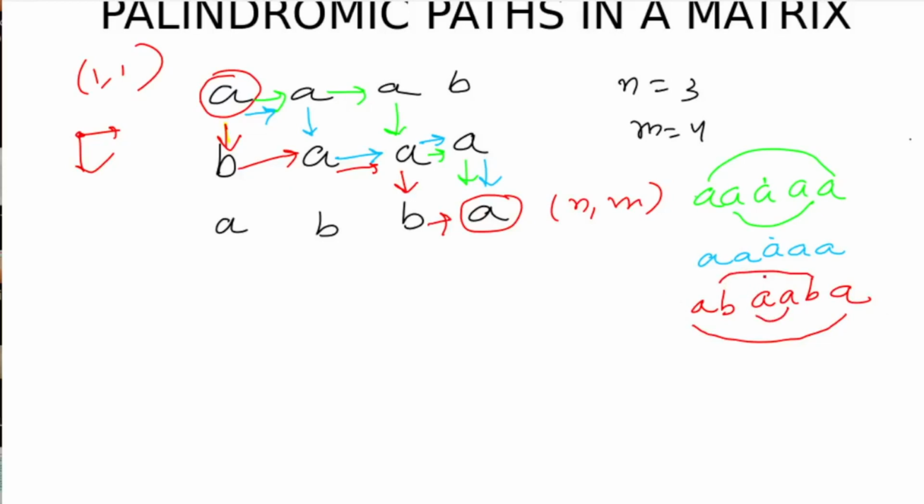So this is also a palindromic path. So there are a total of 3 palindromic paths, so our algorithm should return 3.